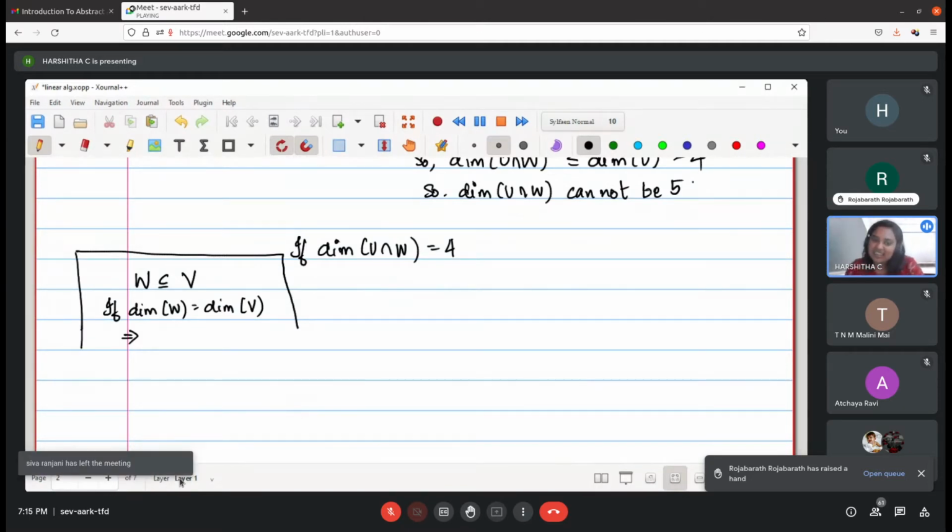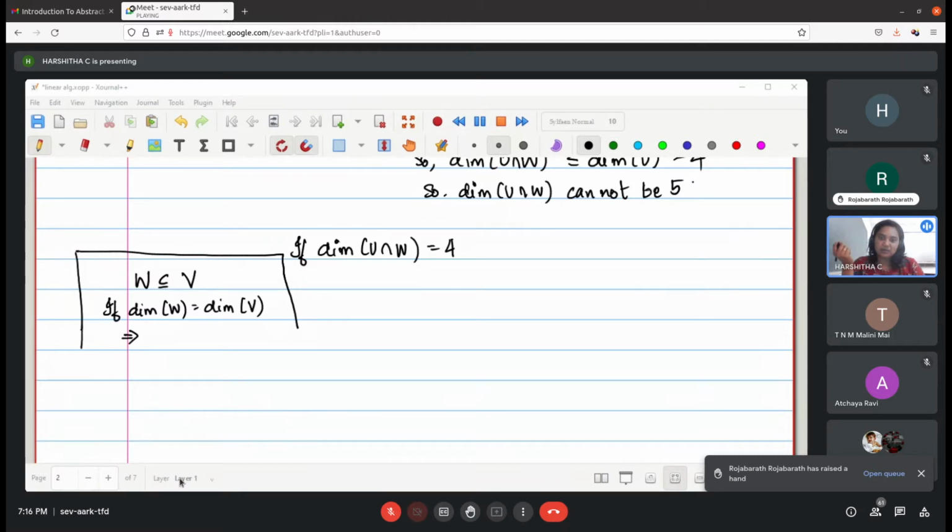It's just a one line answer. You can type it in the chat box if you don't want to unmute yourself. Is the question clear? We're saying we have a vector space of some dimension and we have a subspace of the same dimension. What does that mean?